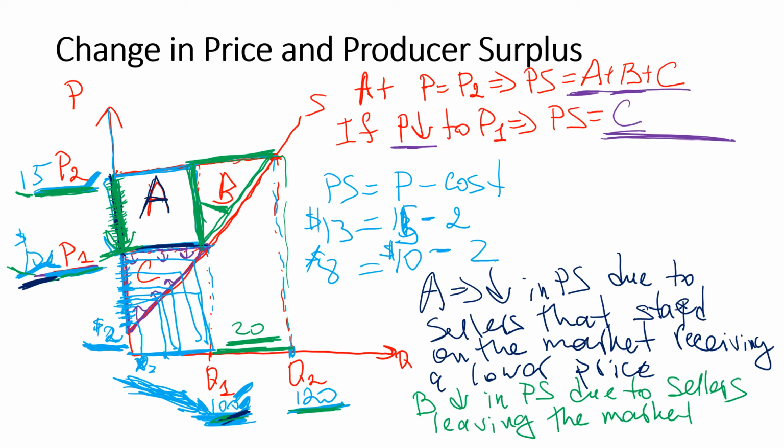So remember, once again, for example, I'm taking one seller whose cost of production was about $13 and the ongoing price was 15. My producer surplus was $2, wasn't it? Remember, I was within all 120 sellers.